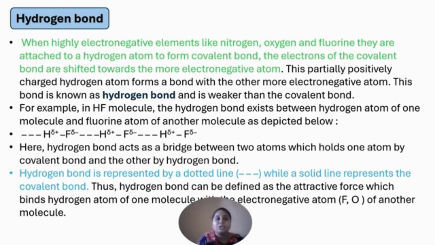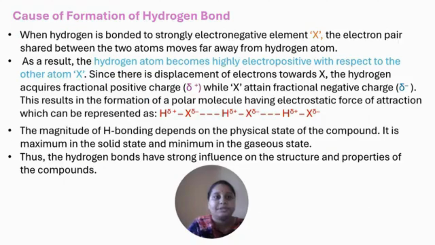So the hydrogen bond is defined as the attractive force which binds the hydrogen atom of one molecule with the electronegative atom of another molecule. So then what is the cause for the formation of hydrogen bond? When hydrogen is bonded to a strongly electronegative element, the electron pair shared between the two atoms moves away from the hydrogen atom.